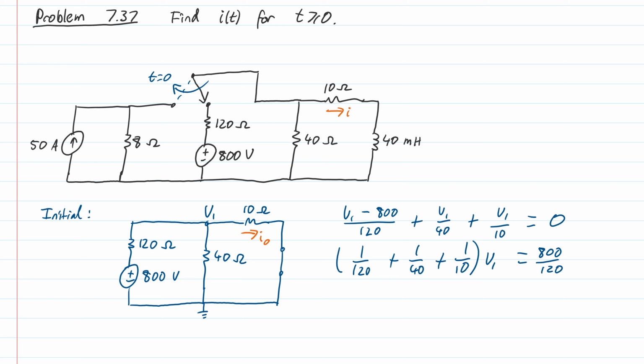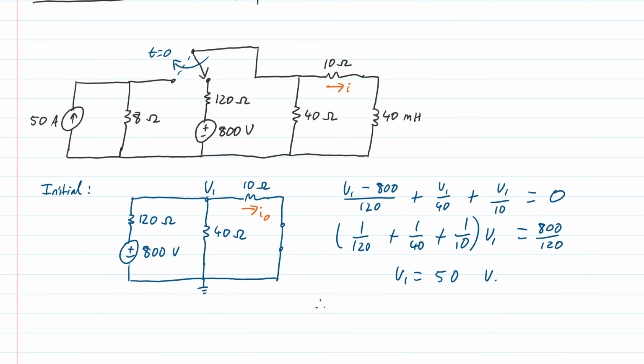So that's 1 over 120 plus 1 over 40 plus 1 over 10, is 50. So V1 is equal to 50 volts. Therefore, our initial current I0 is Ohm's law, V1 divided by 10. So 50 volts divided by 10 ohms is 5 amps.